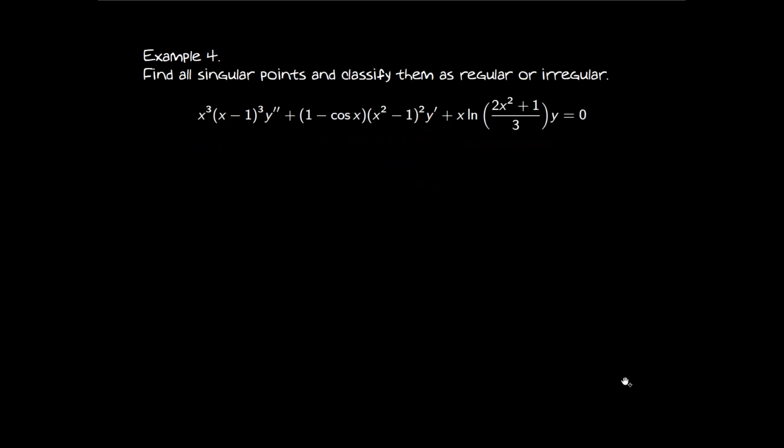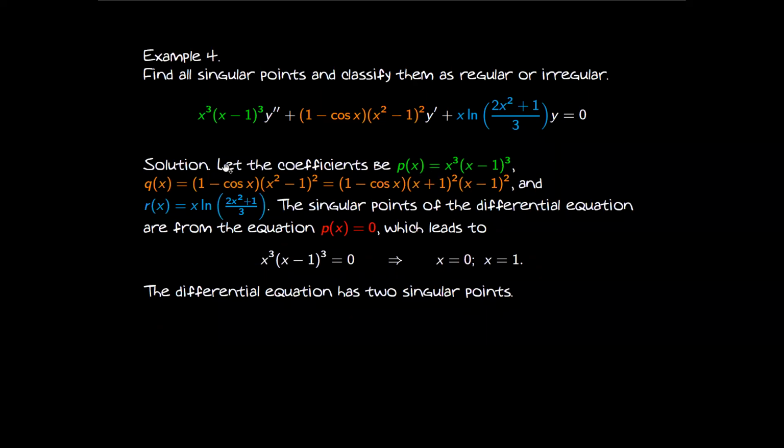Example 4. Once again, we need to find the singular points and classify them for this differential equation. Here we let the coefficients be p, q, and r. You can see I did a little algebra, for similar reasons as in example 3, because later on you have to factor the coefficients to do cancellations.